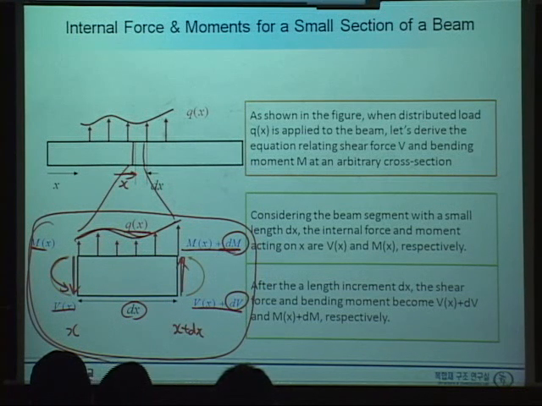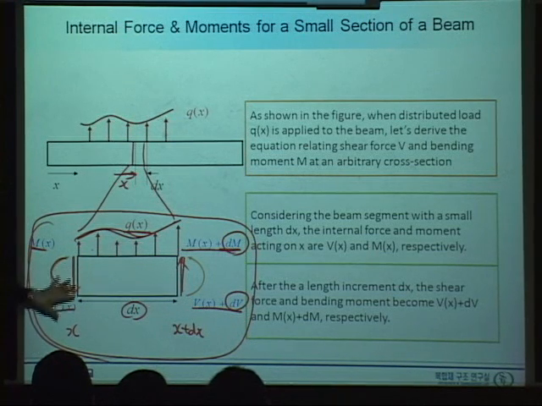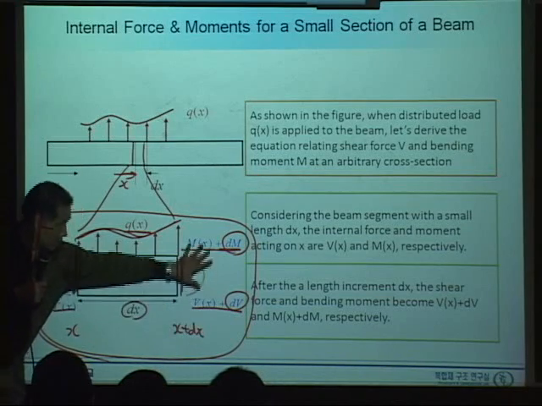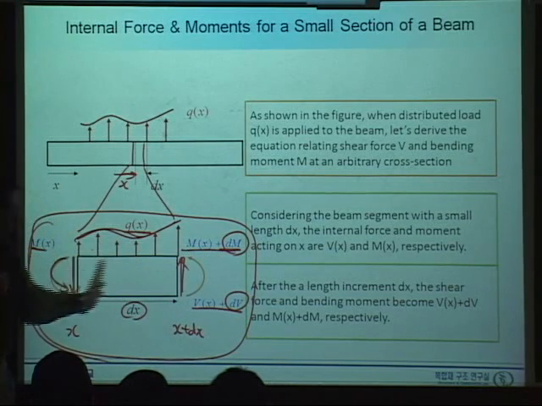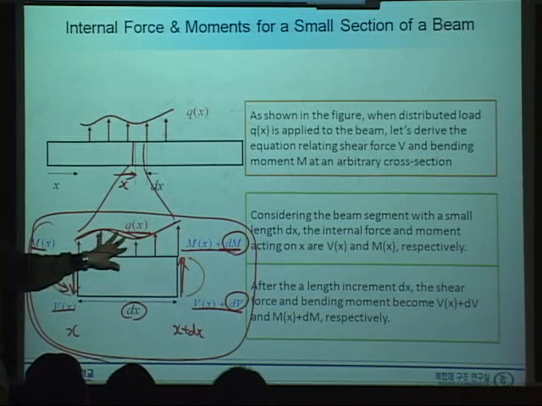This beam with this length: at the left hand side, we have this much force, and at the right hand side, we have this much force, and between these two ends, we have a distributed external load.